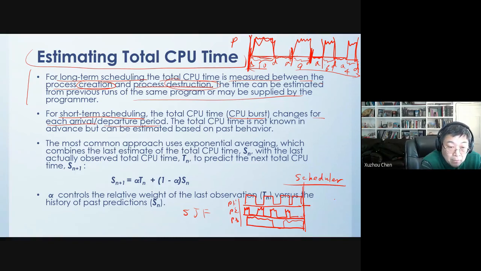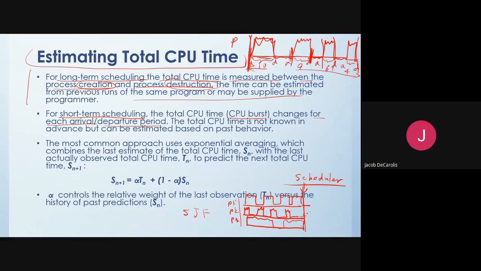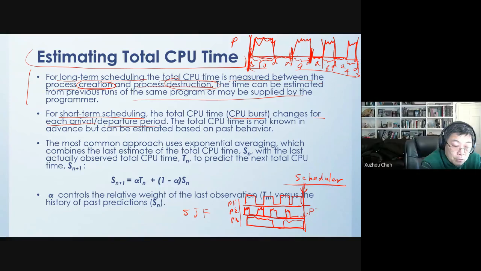Which one are you going to pick, if all 3 processes are fighting for the CPU at this particular moment? Would you pick P2? P2, right?